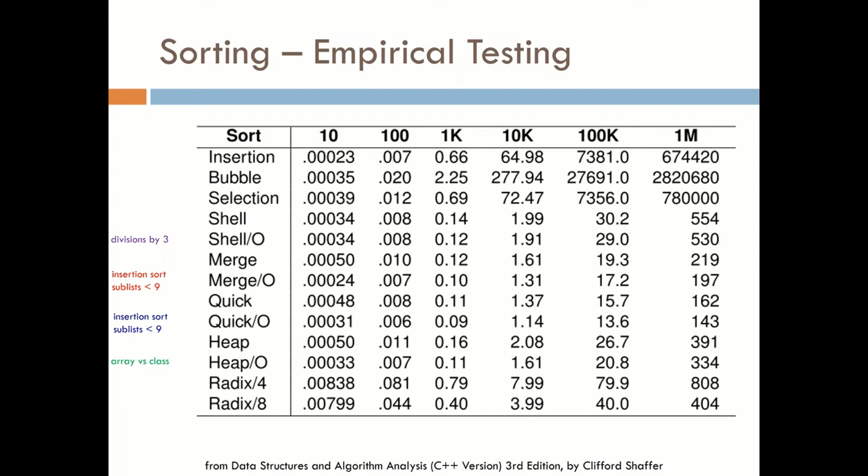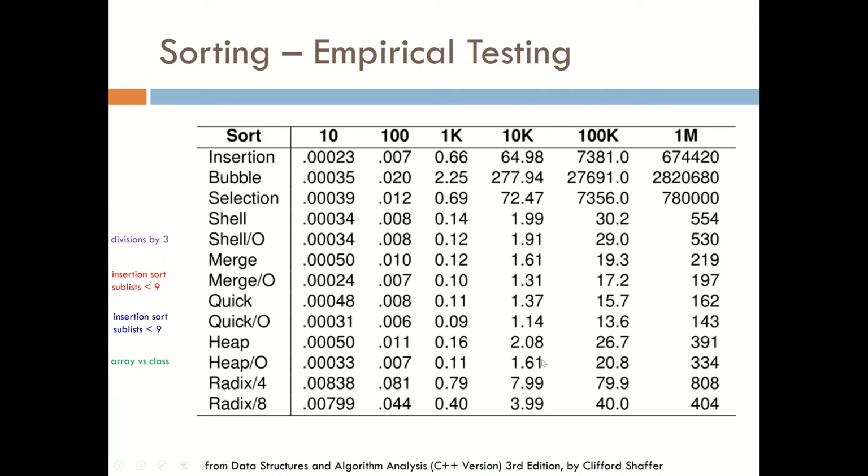In other words, once we get a sublist to be less than size 9, rather than continuing to assemble per the merge sort algorithm, we just simply invoke insertion sort in this optimized method, and you see that there is a little bit of a gain as we go from somewhere around 197 to 219, and we don't know what the units of time are here. I did not point out the shell increase in performance, but there is a little bit.